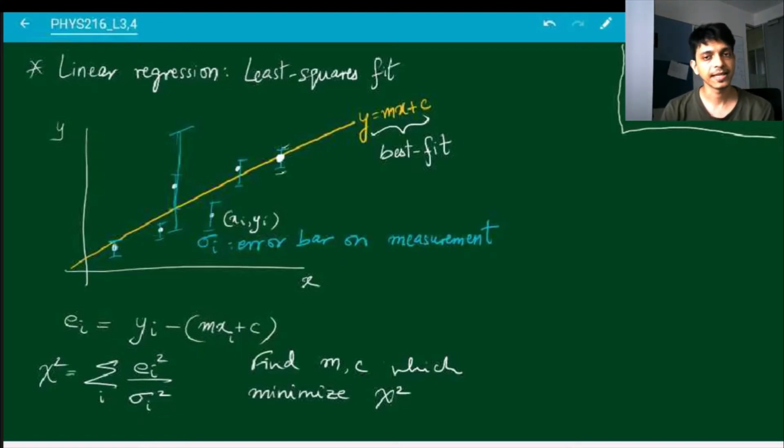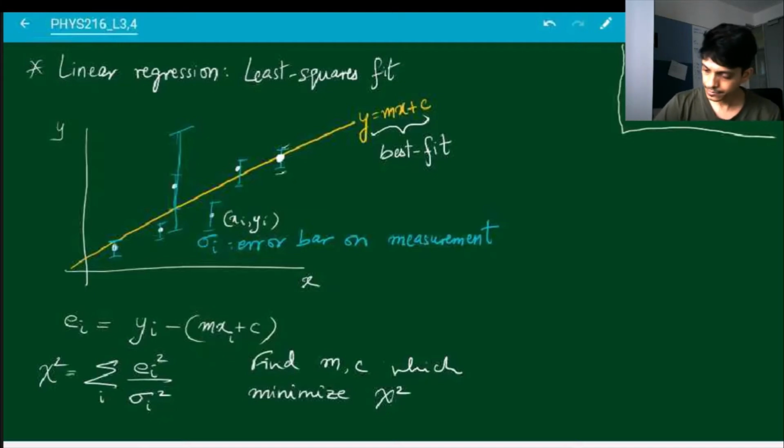So we are trying to minimize the deviation. We are finding that straight line for which its deviation from all of our data points is the least, and that we will call the best fit. So this is the basic philosophy of trying to fit your data points with a straight line.